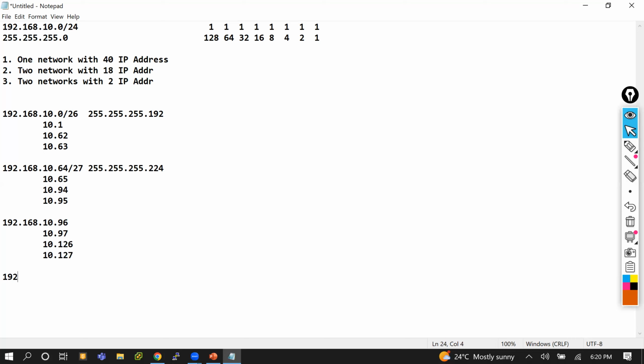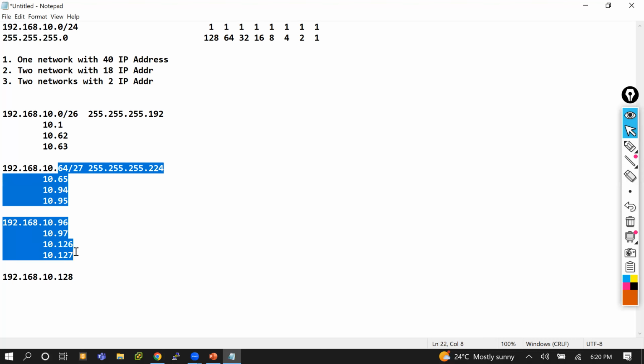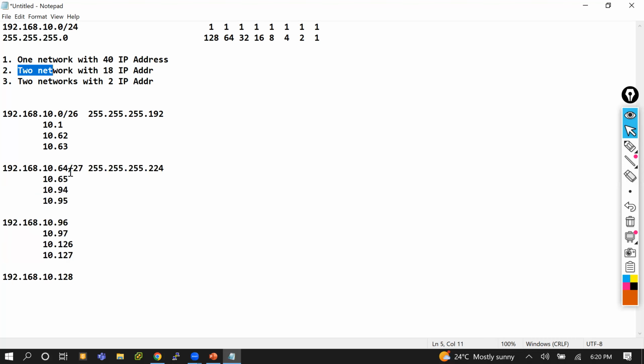Now 192.168.10.128 will be next, right? And for these two the subnet mask is the same, because I require two networks here. Next 128, 10.129, 10.130, 10.131.